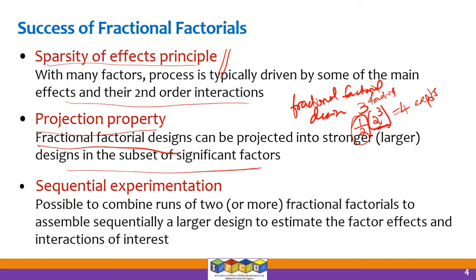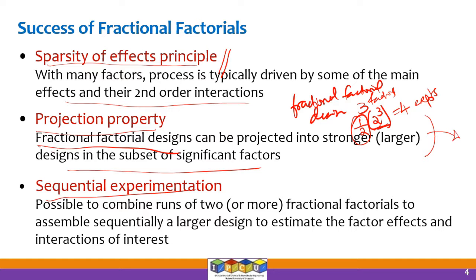The other thing is sequential experimentation. You can take 2 or more fractional factorials, and you can combine them to get a larger design, right? So basically it allows you to merge several factorial designs to get a larger design. So the second one talked about going from more variables to a full design in fewer variables.